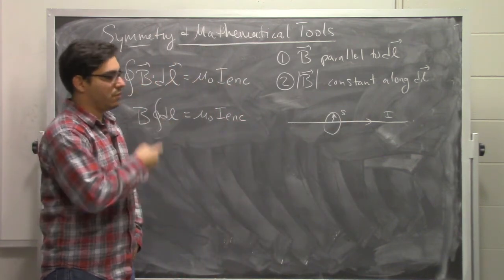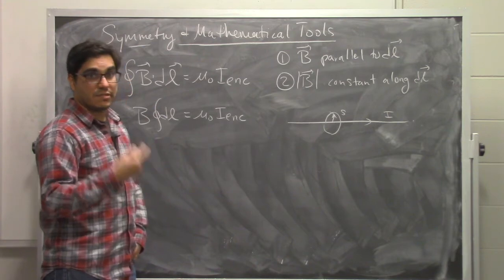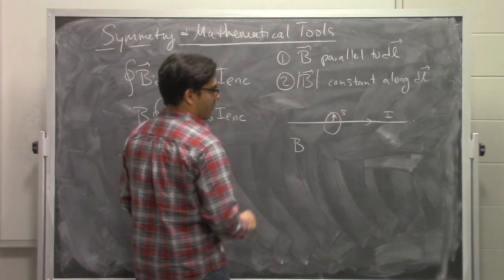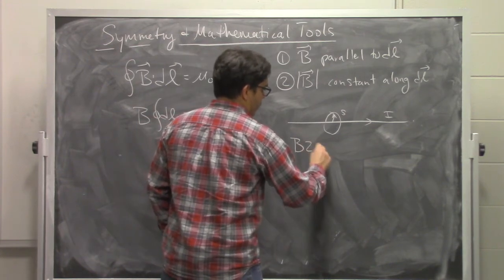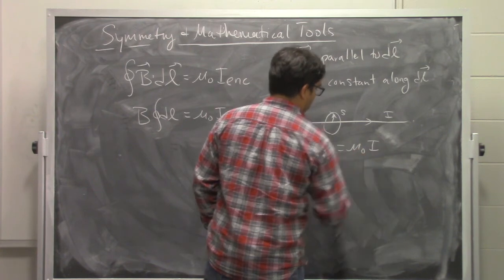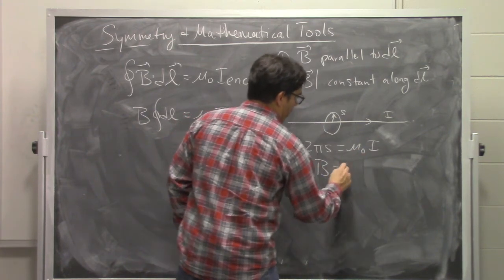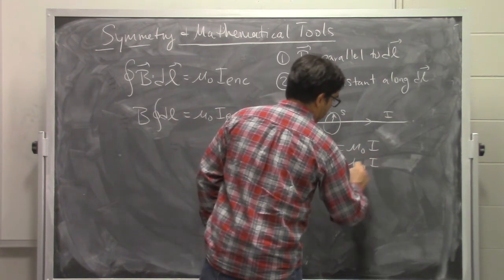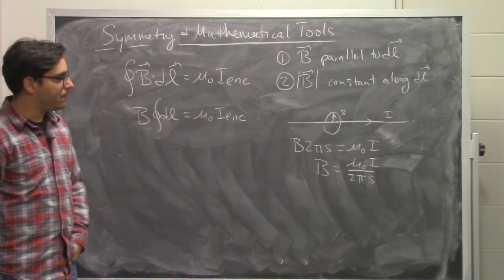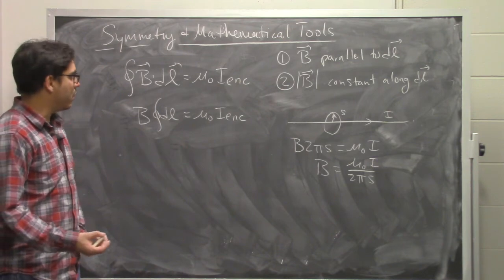It's parallel to the loop the whole way around, and it's exactly the same magnitude. As a result, what we get is the magnetic field times 2 pi times S is mu naught I. And so we have a very quick way of writing down the magnitude of the magnetic field due to a long wire that didn't involve the Biot-Savart law.